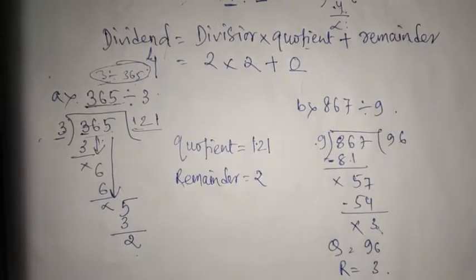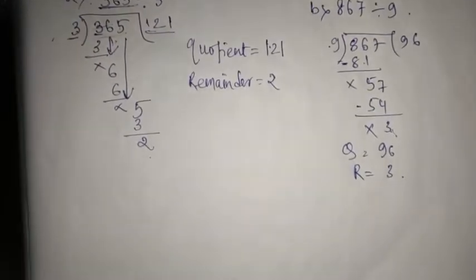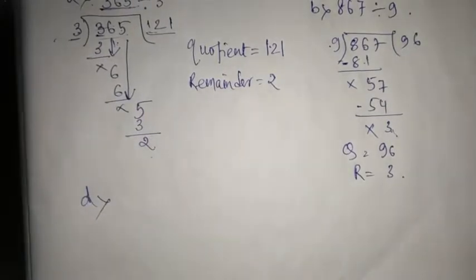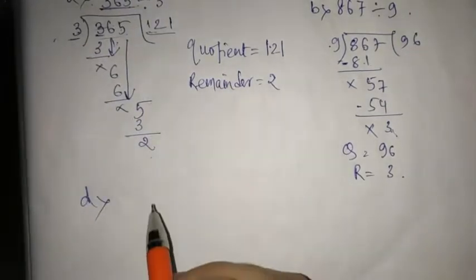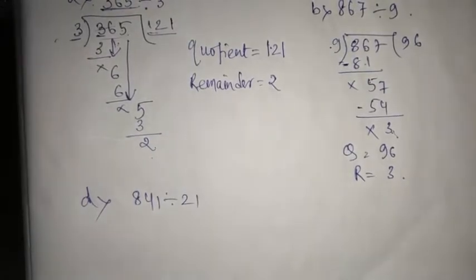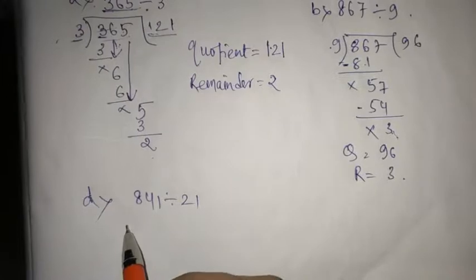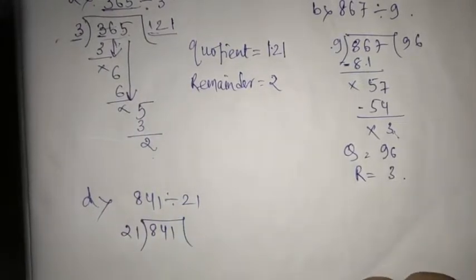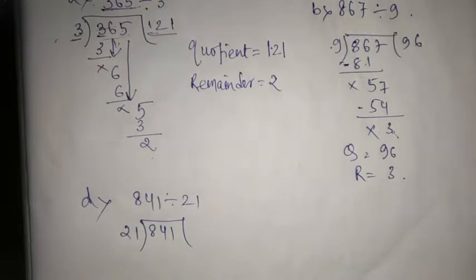Alright, proceeding to question number D, part D. As you know, C will be a home assignment. 841 divided by 21. So when you divide 841 by 21, you should first of all know the multiplication of 21.